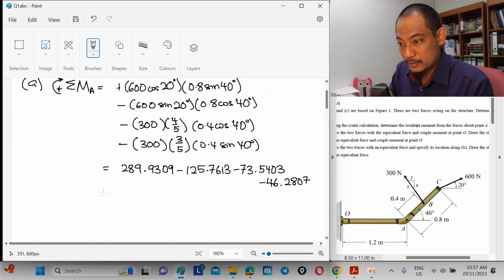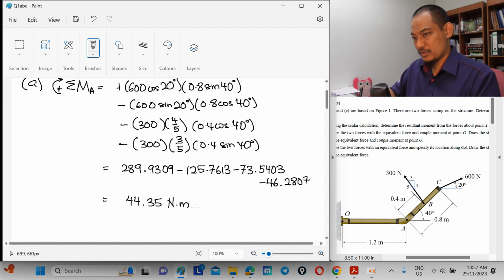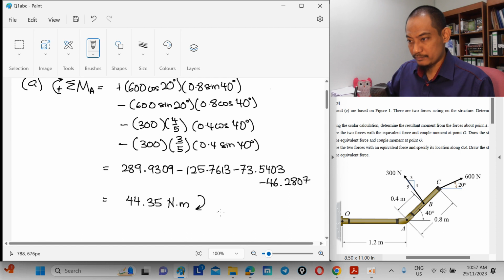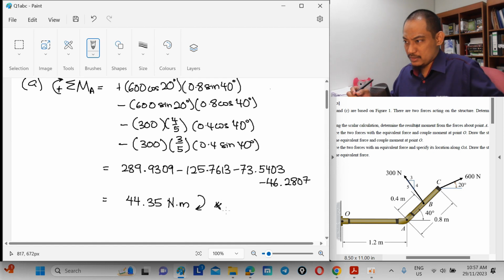So you'll get 44.35 Newton meter. So it's positive, meaning it is clockwise, right? Alright, so that's basically the answer, because the question straight away says determine the resultant moment about point A.